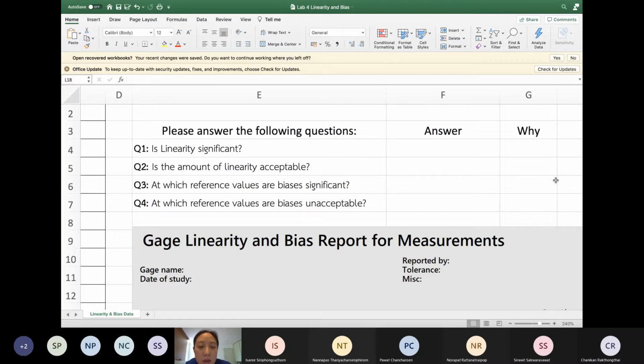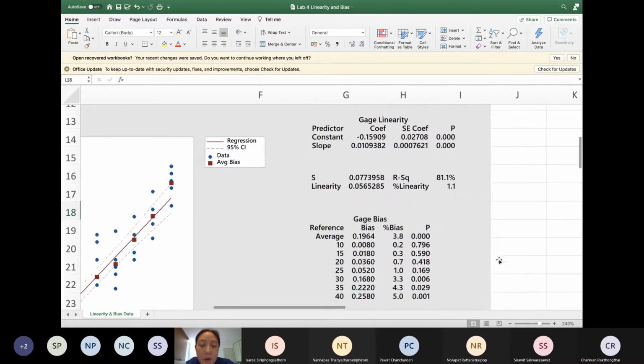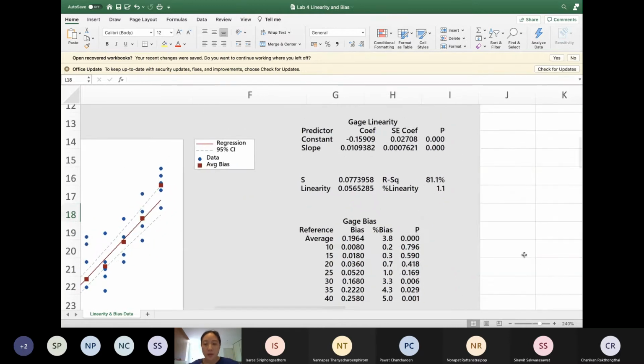Is it percent bias? Not yet. Now we are talking about the amount of linearity, and linearity means slope. So which number? 1.1, yes, good. That number 1.1 is called percent linearity. Good, and then what's next?